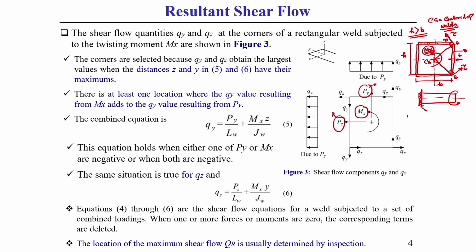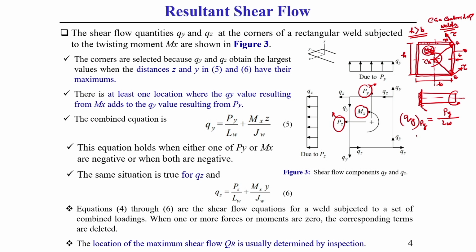So, you can say the shear flow along y direction due to direct force Py, I can write directly as Py divided by Lw. Always you should keep it in mind, here Lw is the total weld length.